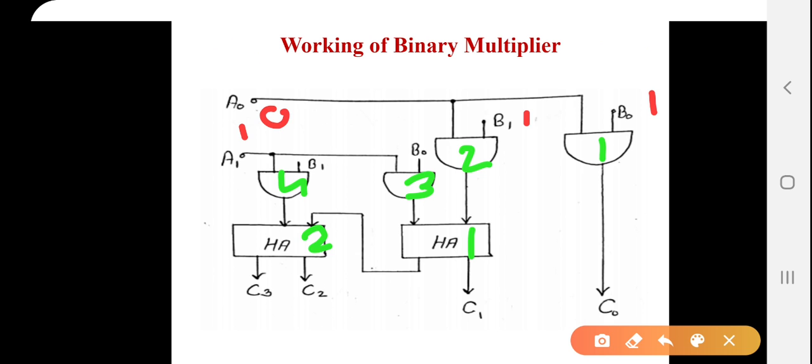So we are going to multiply 1, 1 with 1, 0. 1, 1 is basically 3 in decimal and 1, 0 is basically 2 in decimal. So after the multiplication, our answer should be 6, or in binary, 1, 1, 0.